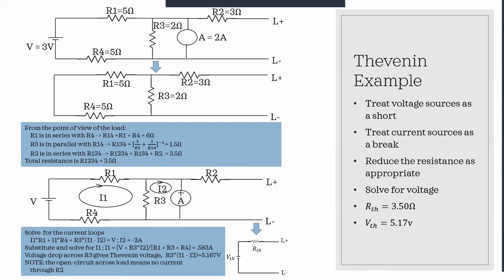Based on the construction of the circuit, the load is in parallel with resistor 3, and therefore resistor 3 and the load must have the same voltage across. So using the current across resistor 3 and the resistor value, we find that the voltage is 5.167 volts. And now we know that if we plug something into L plus and L minus leads, it will see 3.5 ohms in series and a pinch more than 5 volts.